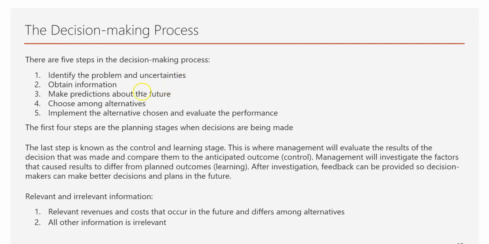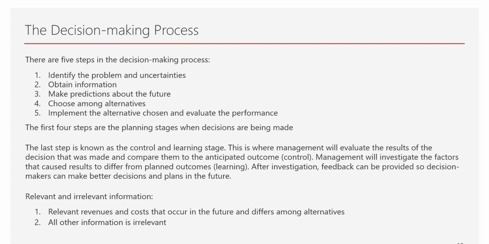So if I'm making predictions about the future, if there's a financial line item in a financial decision-making process, the only relevant information are going to be the revenues and costs that differ among the different alternatives. Anything the same or any other information is irrelevant.